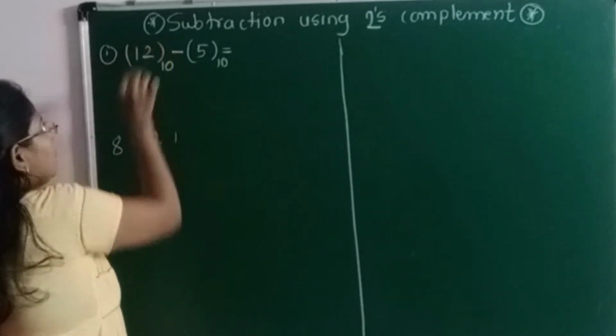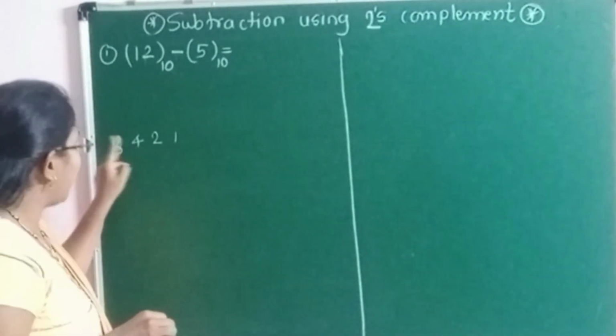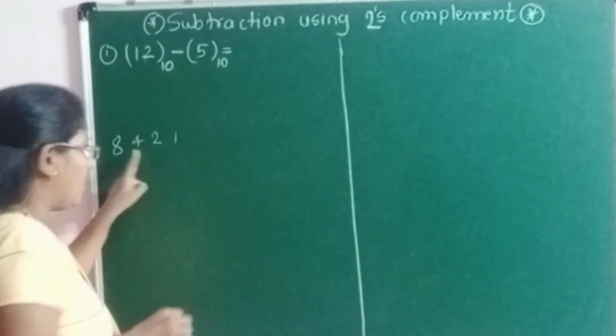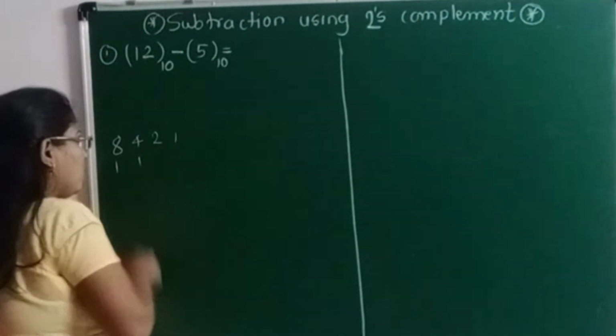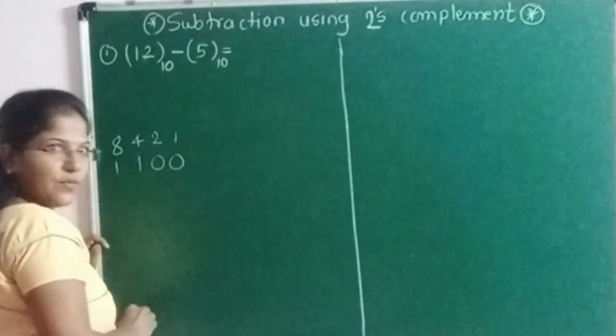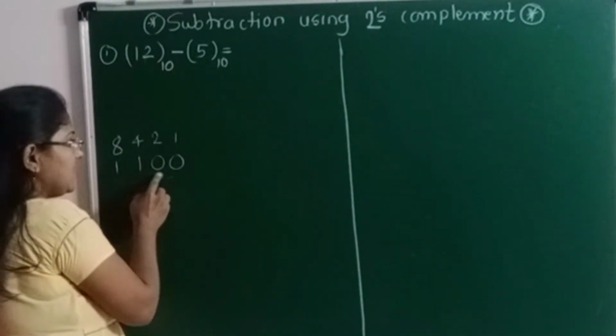Now to get 12, I have to choose weighted values in such a way that their addition will be 12. So 8 plus 4, 12. So write 1 and 1 for 8 and 4. These two are not selected, so write 0. So the binary equivalent for 12 is 1100.